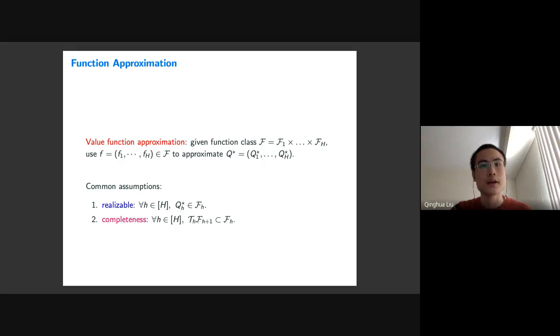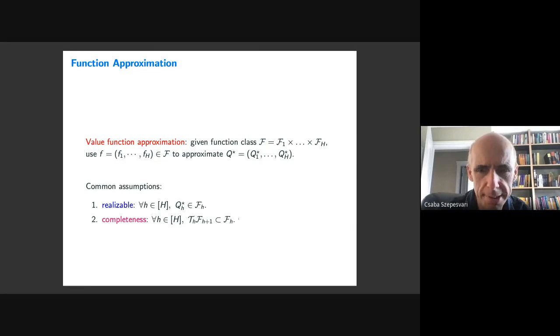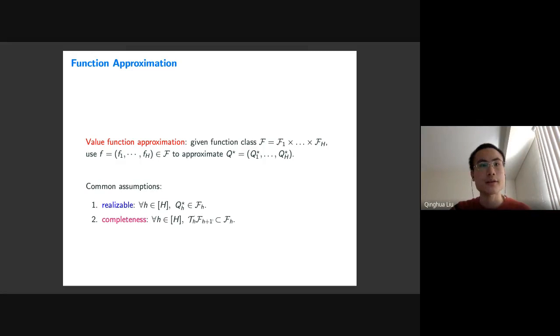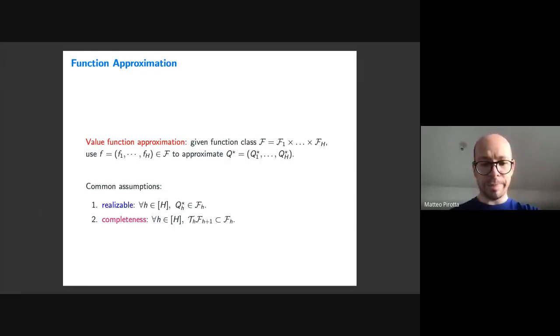That is, for any function, after you apply the Bellman operator, you should still be inside this F_h. And that's because if you start to add bonuses, then the bonuses move you outside of the function class? Yeah, right. I think that's the reason why they require the stronger version of completeness. But in our paper, since we are not using that scheme, we can avoid making that strong assumption. We only need to use this standard one. Okay, thanks.